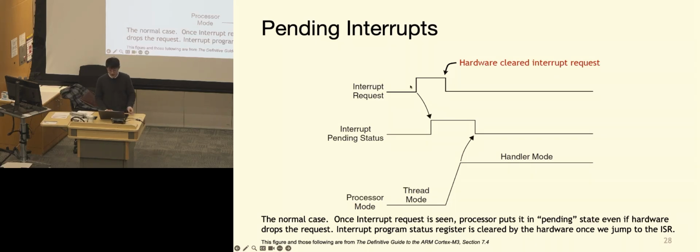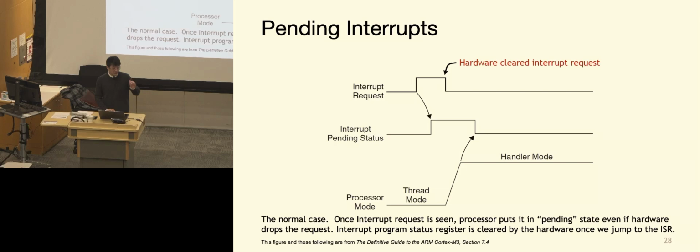It goes high, and then that triggers an interrupt pending state to go high, so that the NVIC identifies which interrupts to handle and writes a pending flag in the pending register. After that, the processor, basically the program, will jump from the thread mode, which is like the normal main program, to the handler mode, which is the interrupt mode, or the interrupt service routine.